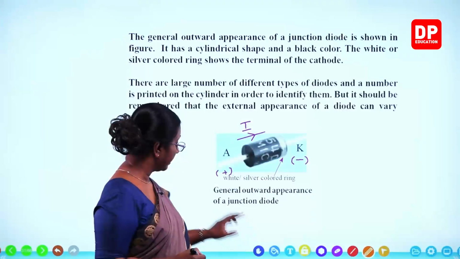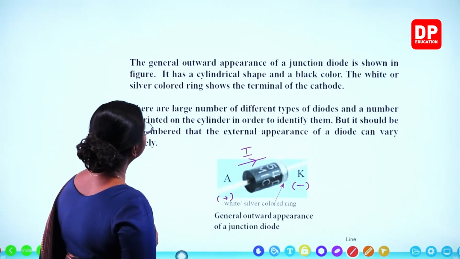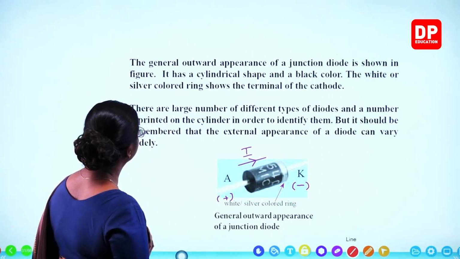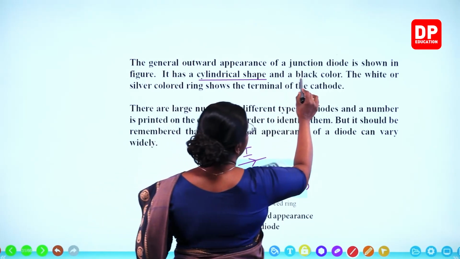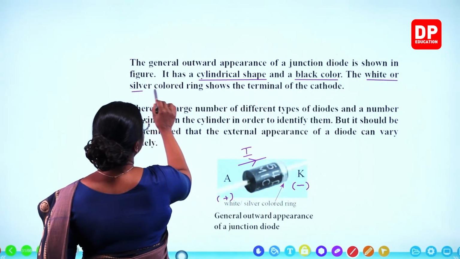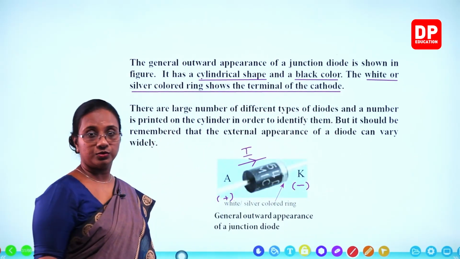So if we look at the explanation given there, the general outward appearance of a junction diode is shown in the figure. It has a cylindrical shape and a black color. The white or silver colored ring shows the terminal of the cathode.